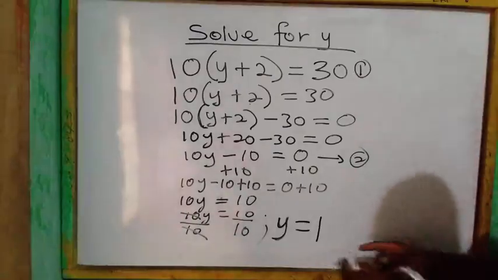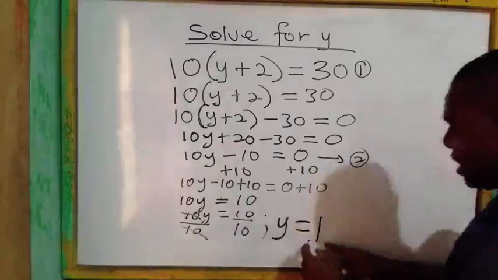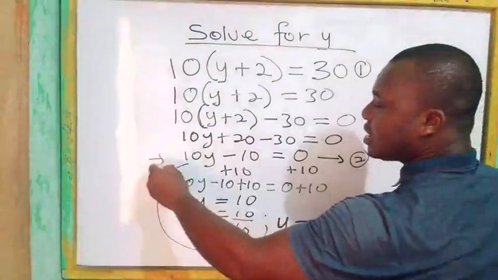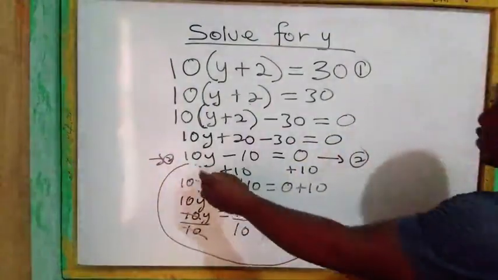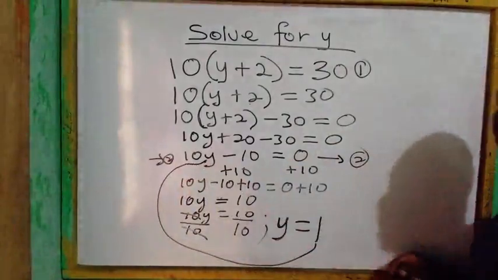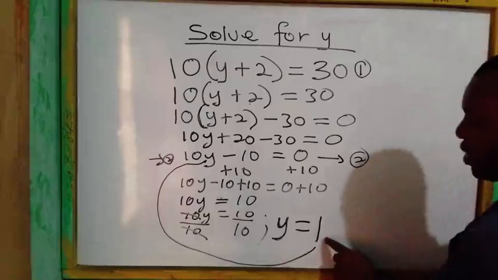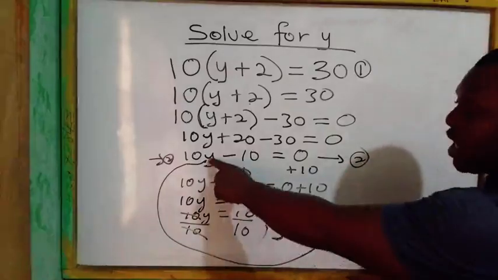Now, since our final answer is y equal to 1, let's go to equation 2. So this is equation 2. We are going to put this 1, which is the answer, here.